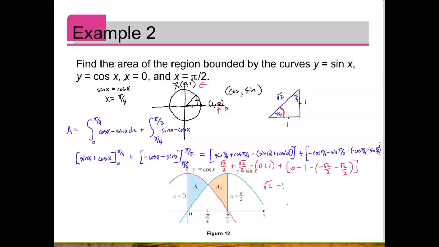And then there I have minus 1 plus, all right. Let's check these parentheses. I'm going to have to distribute that negative, right? Which is going to make both root 2's positive again. So I'm going to end up with plus negative 1 plus root 2. All right, finally simplifying this, how many root 2's do I have? I have 2 root 2, and I have 2 negative 1, so minus 2.